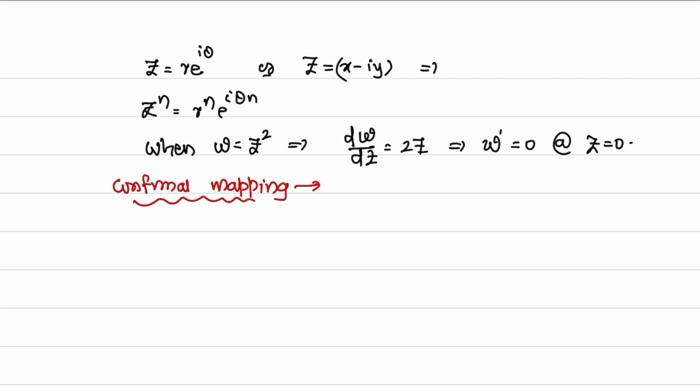But in this case, dW by dz is equal to 0 at z is equal to 0.